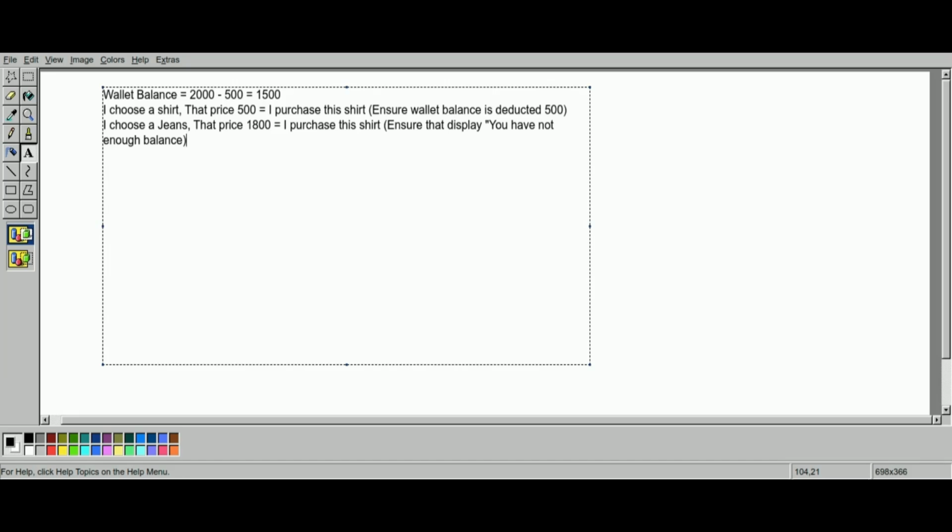Why? Because I have a balance of 1500. So if the price is 1800 and I purchase these jeans, I will ensure that the display says you have not enough balance.